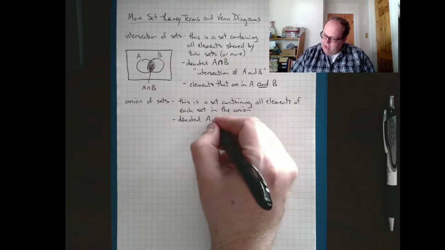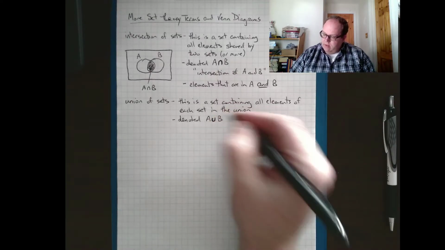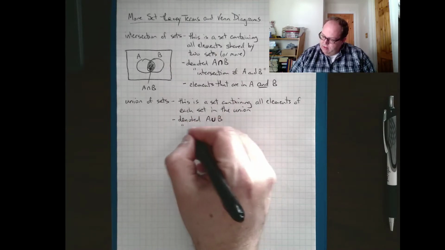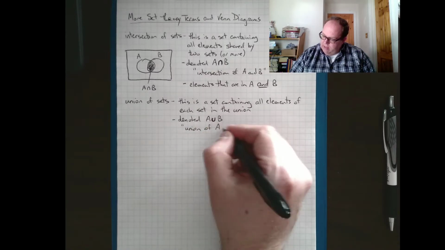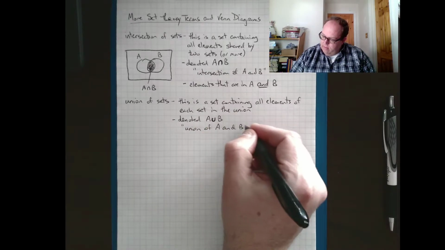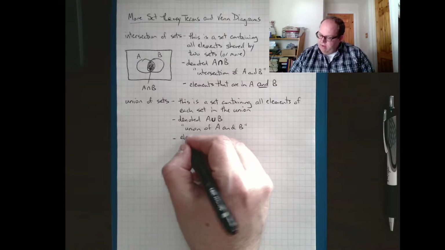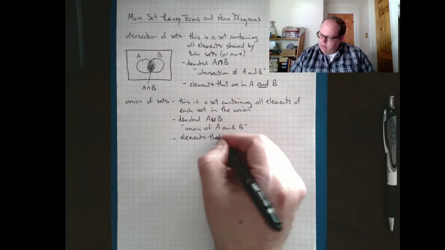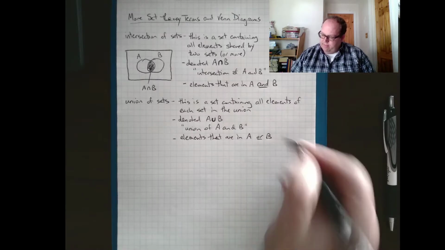We denote that with A and that same symbol, put up this way, which looks an awful lot like a U, which works out well if you think of it as a union. We would call this the union of A and B. And you could think of it as elements that are in A or B.